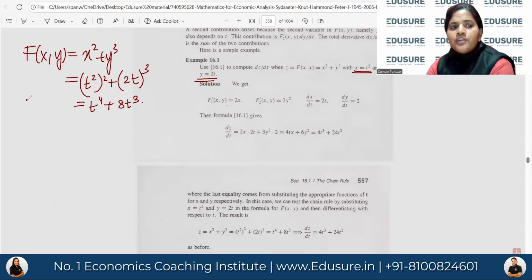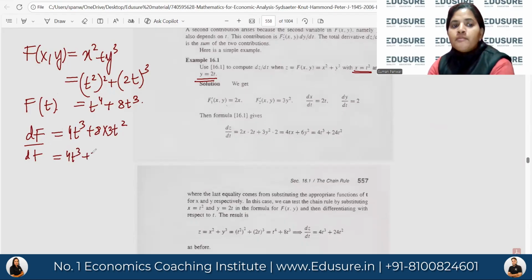Now my f(x,y) is simply a function of t. So what is my df by dt? It is a function of one variable now. So this is 4t cube plus 8 into 3t square, which is 4t cube plus 24t square. So we are getting the same answer. All right, let us go to the second example.